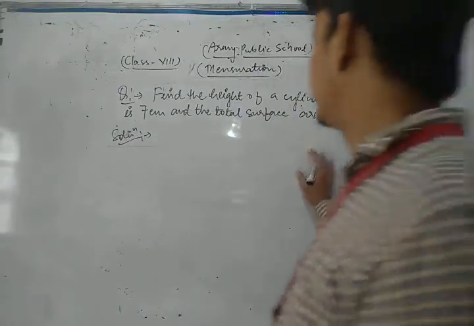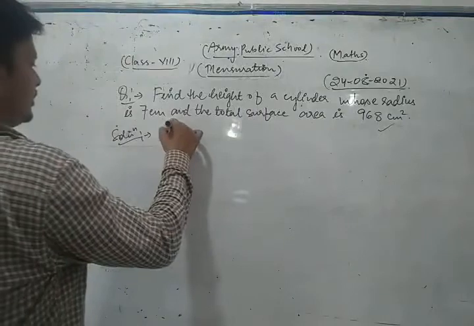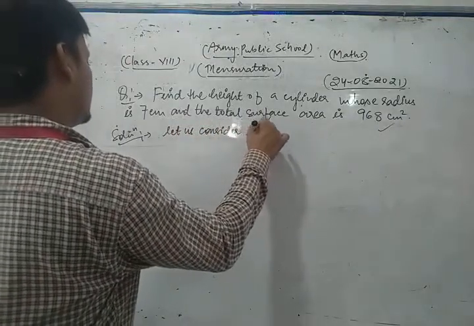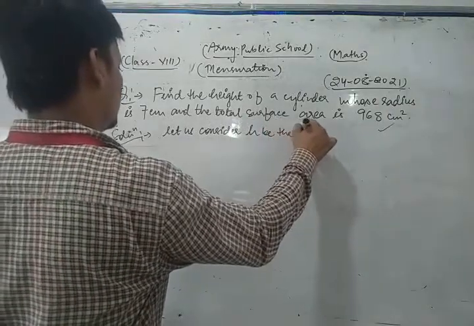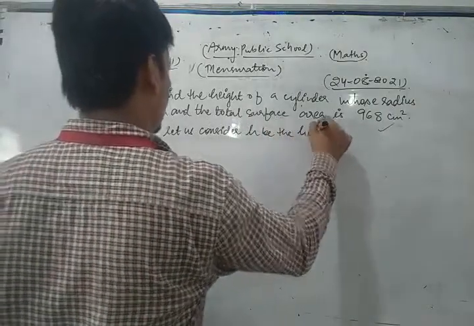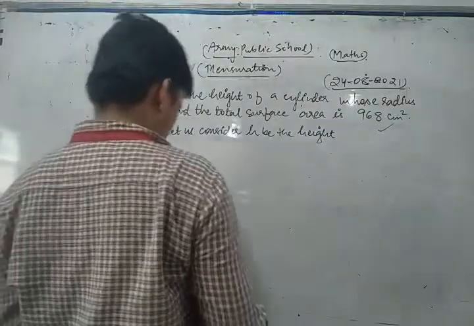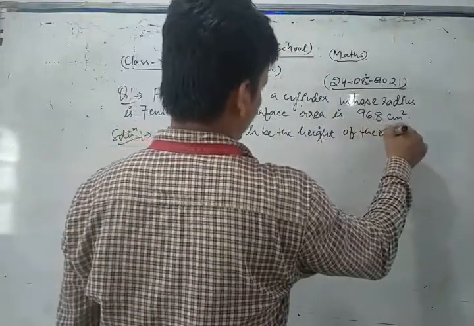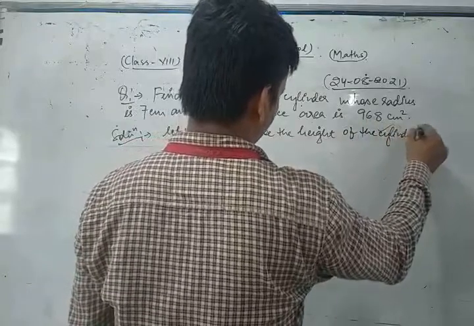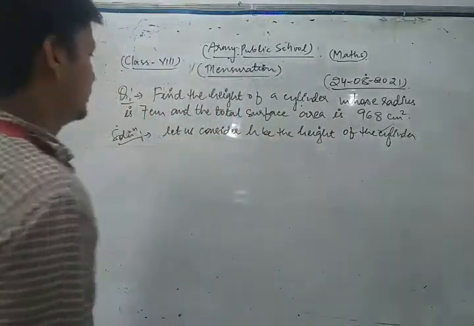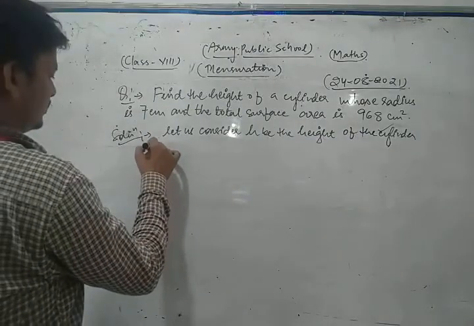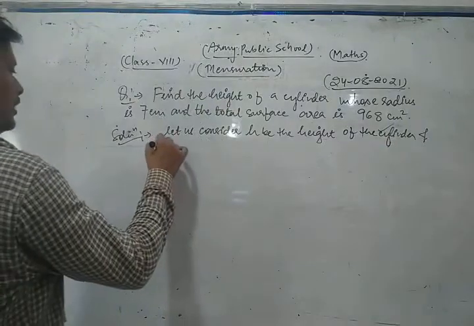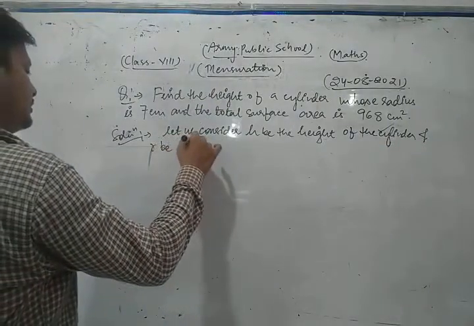So let us consider h as the height of the cylinder and r be its radius.